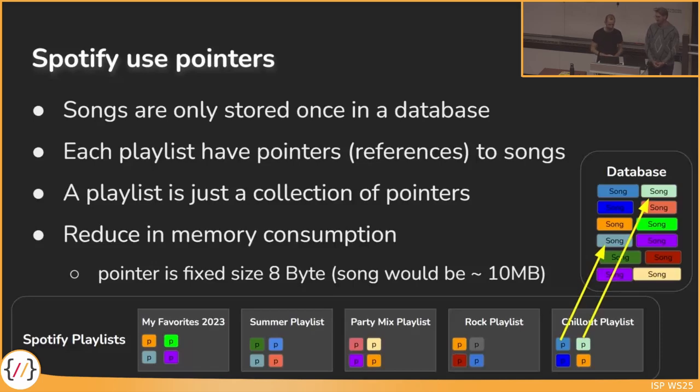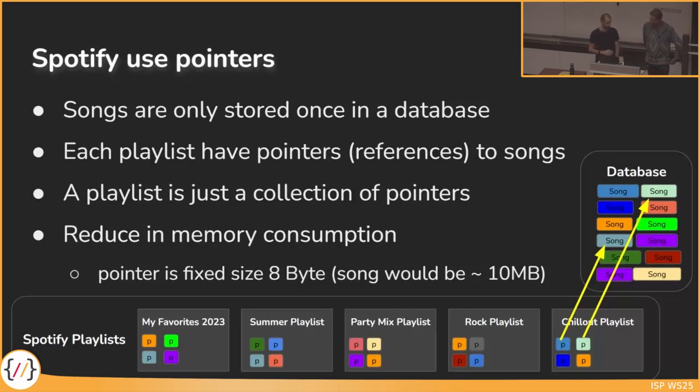So the cool thing is now, a playlist is just a collection of pointers with, let's say, 8 bytes. In contrast, if you would have a playlist with the actual songs stored inside, every song is about 10 megabytes, so it will be huge again. But if you use pointers, as Spotify does, it's way more effective and uses way less memory.